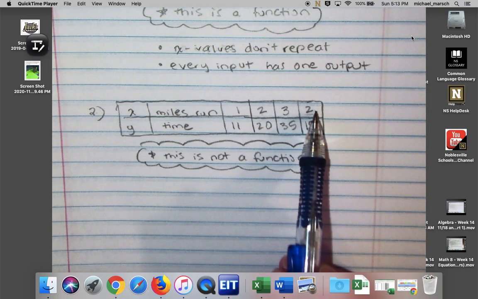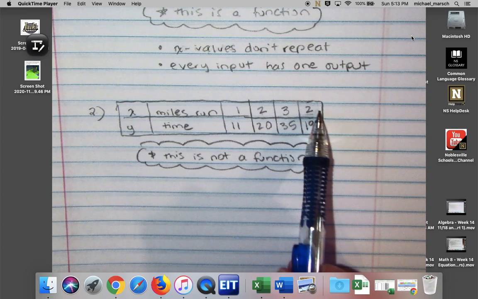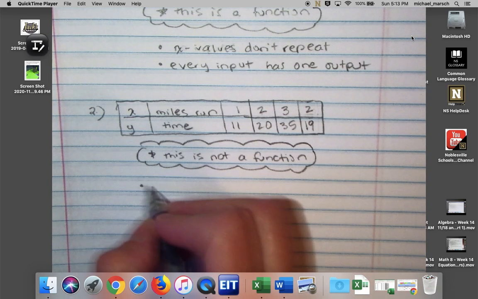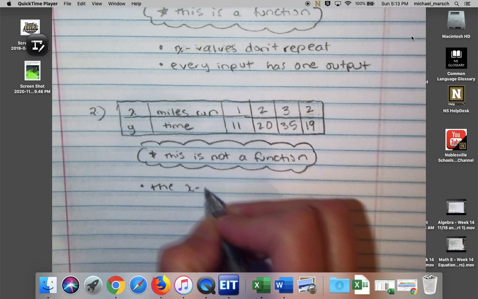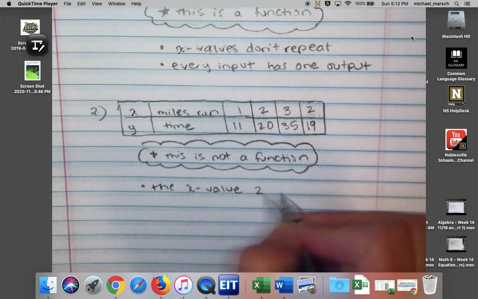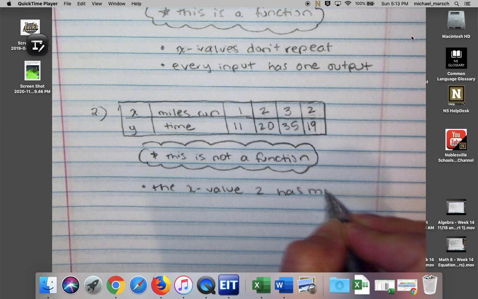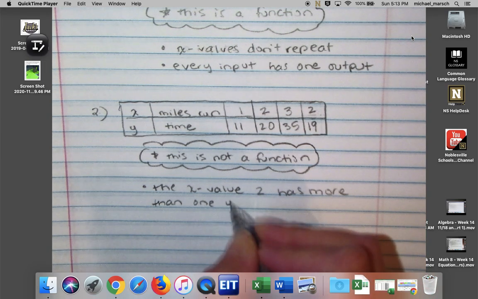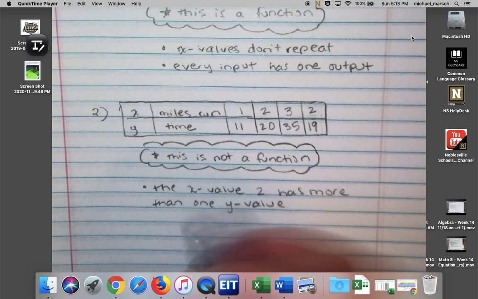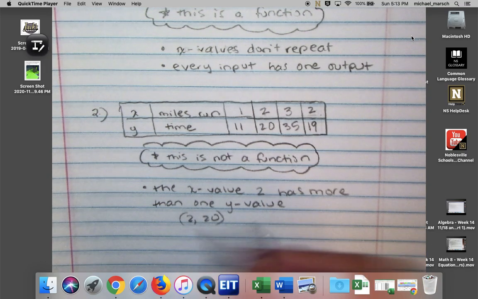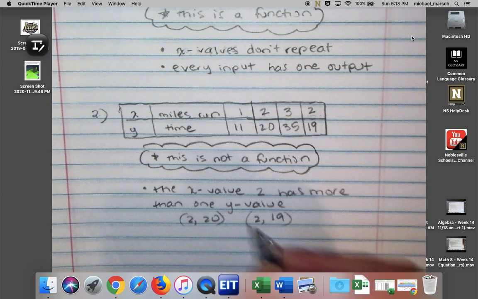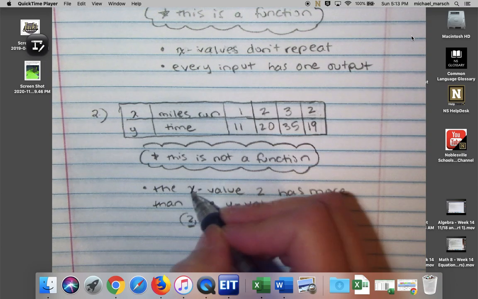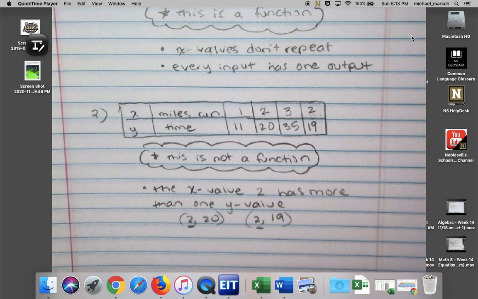These 2 mile distances have different outputs, right? So the x value 2 has more than one y value. So we've got 2, 20 as an ordered pair and 2, 19. Remember, we're focusing on those 2's there, okay? And they repeat, so that disqualifies it, right?